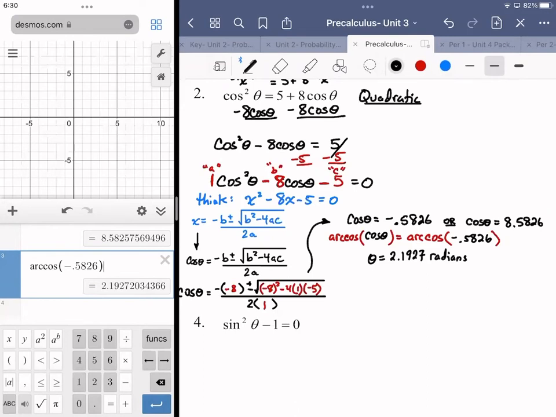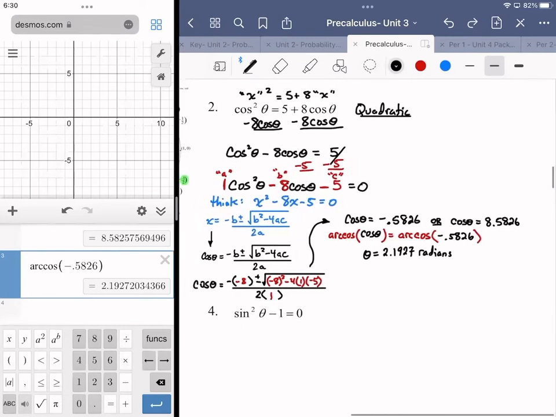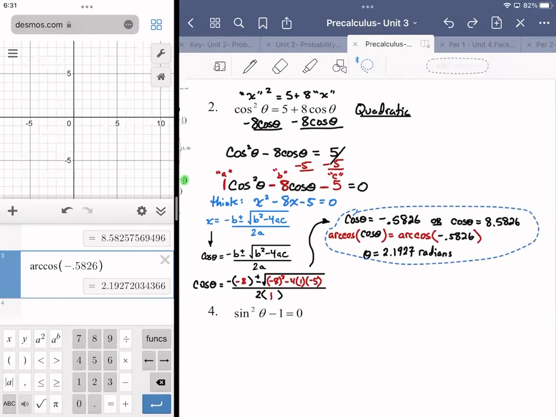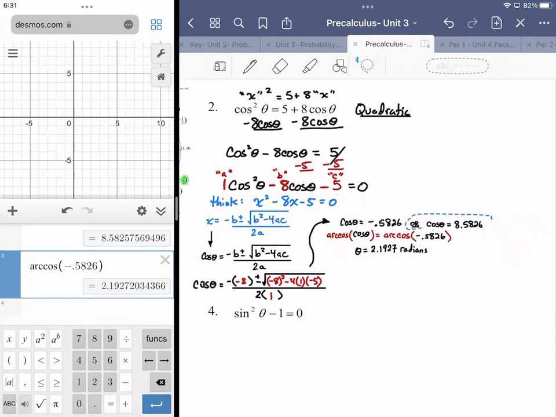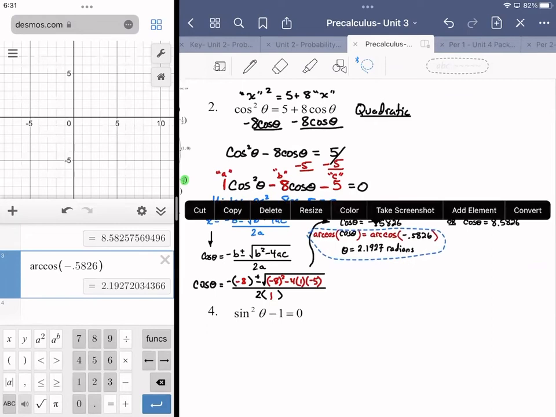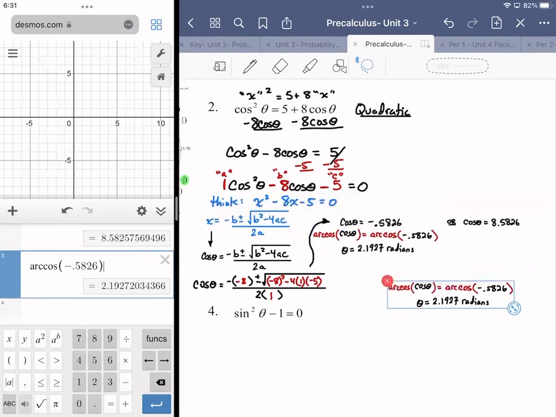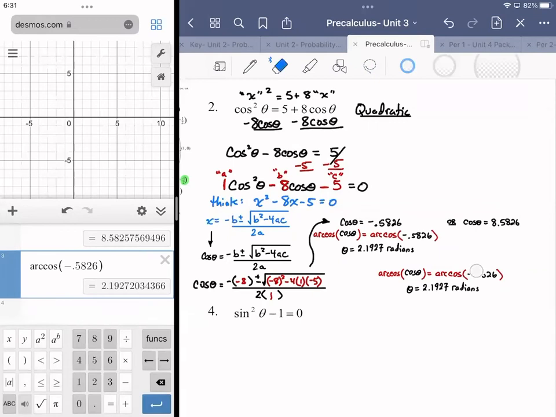But I also want to evaluate the arc cosine of the other one, this guy over here. All right, so in this one, I'm going to put the 8.5826.